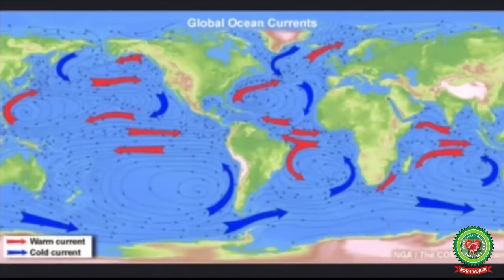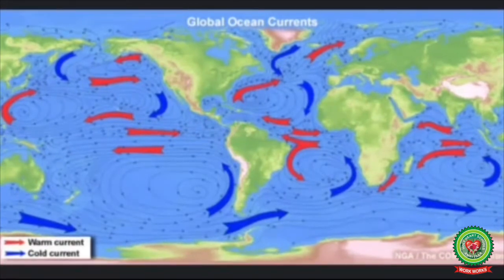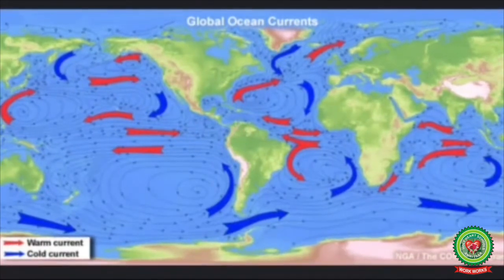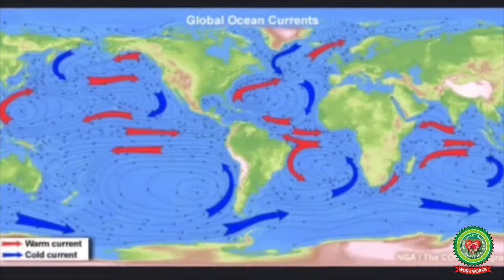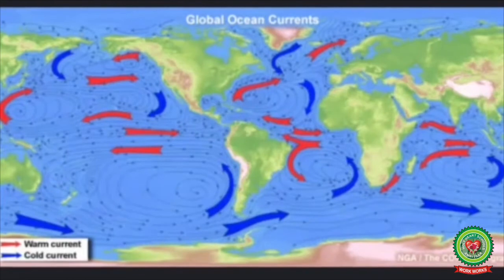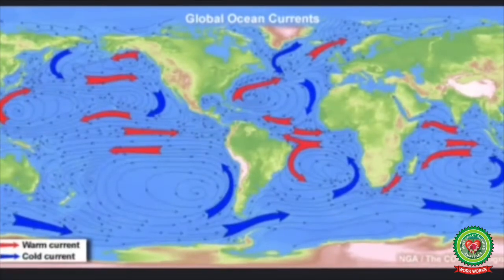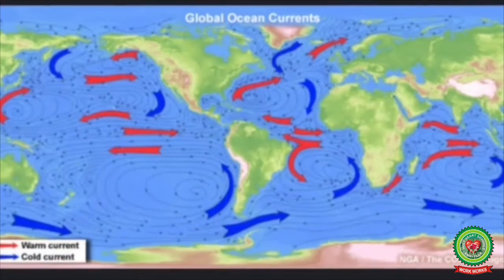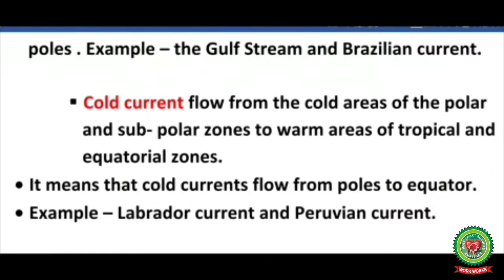So, warm ocean currents start flowing from the equatorial region, where the water is more, to the polar region, and from the polar region the cold water gets a push and moves towards the equator in the form of cold currents. Now we will study about the types of ocean currents.